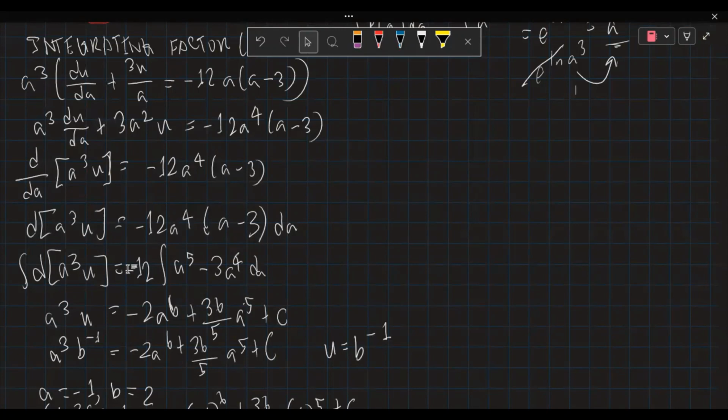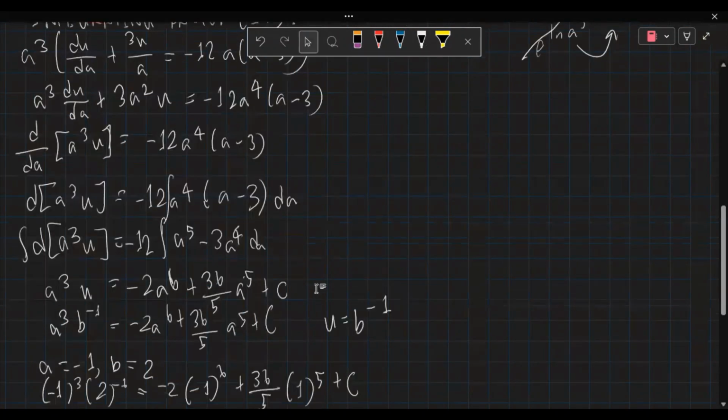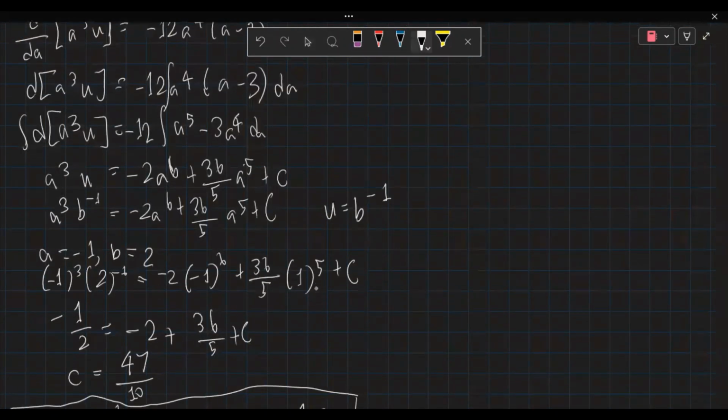Ayun. So then let's do this, and then we integrate. So we're integrating: a to the power of 5 becomes a to the power of 6, then 36 over 5 a to the power of 5, plus c, of course, since it's indefinite integration.